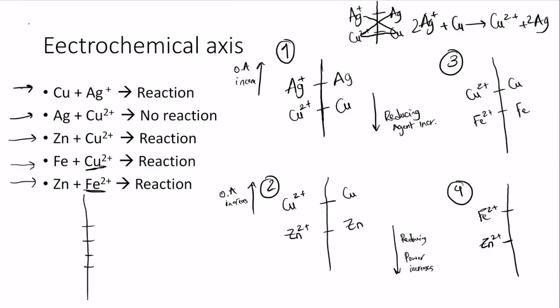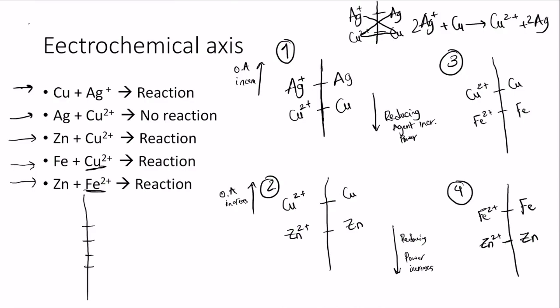And because we have a reaction, Zn should have a greater reducing power than Fe. Remember, as we go down, the reducing power increases. As we go up, the oxidizing power increases. Reducing agent power increases, and as you go up, the oxidizing power increases.